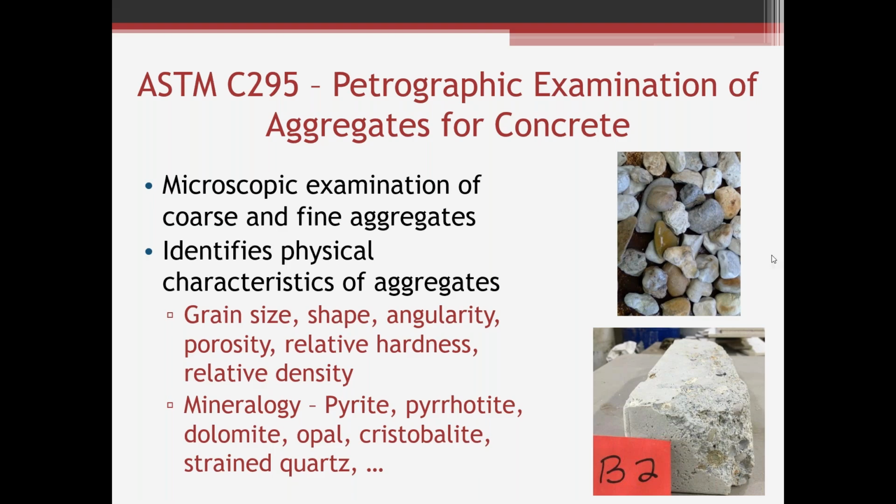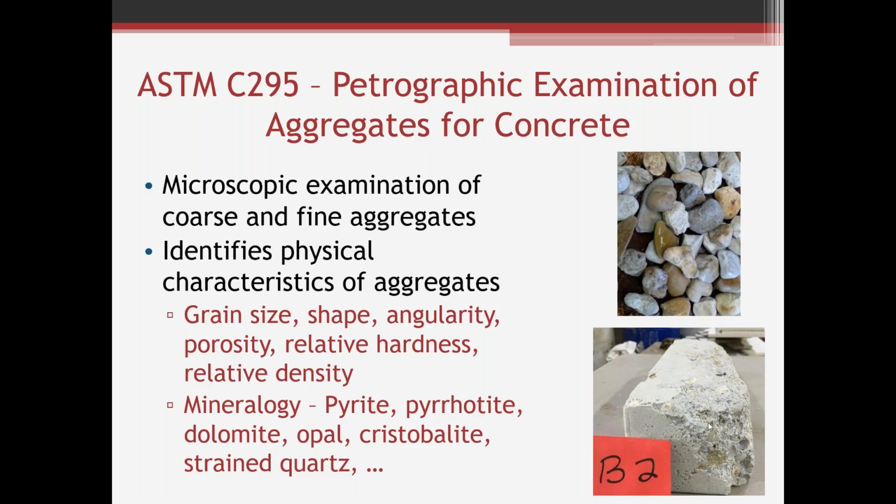And we pretty much did this with this aggregate sample here. This is the same sample of concrete that I've showed you. We did petrographic analysis on this. We identified lots of lightweight porous aggregate. We recommended that it not get used in concrete production.